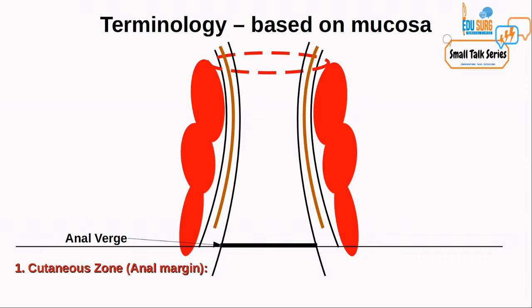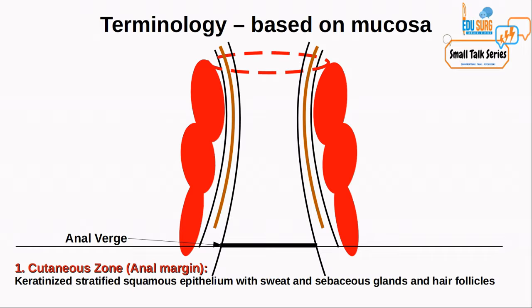This is nearly the same as the skin and it contains keratinized stratified squamous epithelium with sweat glands, sebaceous glands and hair follicles. Each of these terms is important when you describe the skin of anal margin. And that is why when cancers occur in this area, they can be squamous cell carcinoma, melanoma and many others.